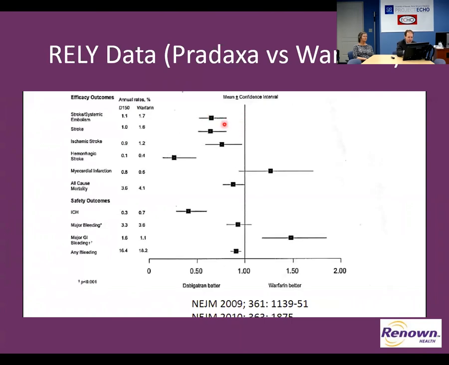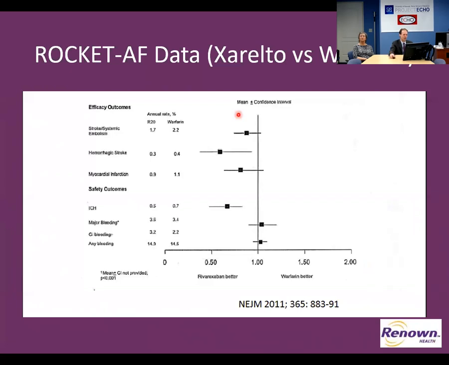See, the 95% interval doesn't cross unity with Pradaxa compared to warfarin. So there is less stroke with Pradaxa. There's a trend towards less stroke with all of them. And there seemed to be about the same amount of bleeding in the ROCKET trial, which compared rivaroxaban or Xarelto with warfarin. But the post-marketing data seems to indicate that all of these agents are a bit better.